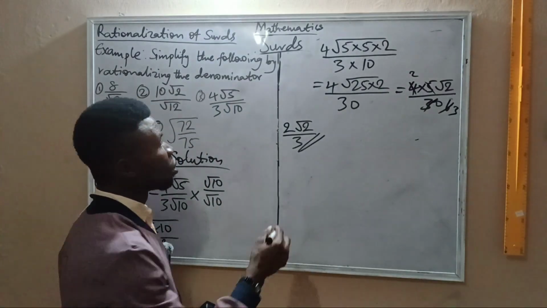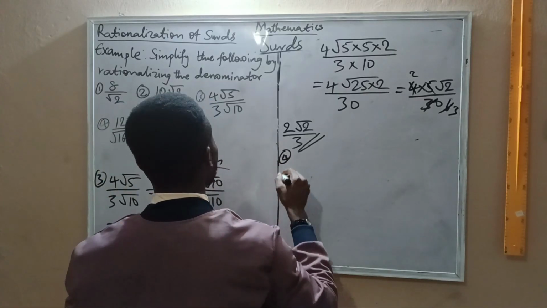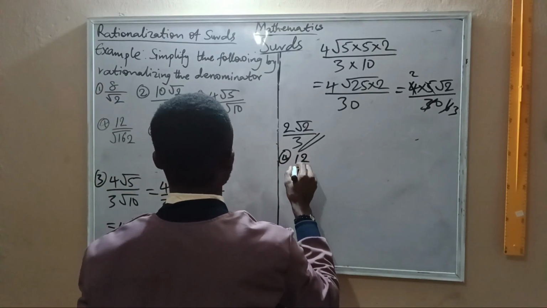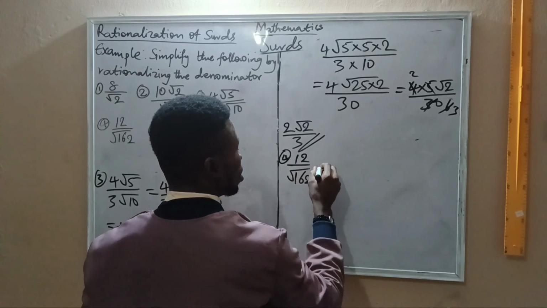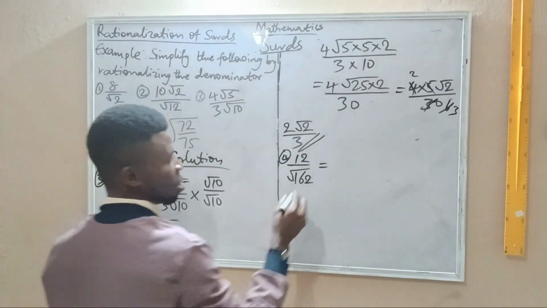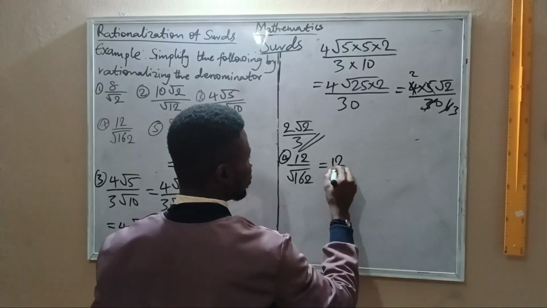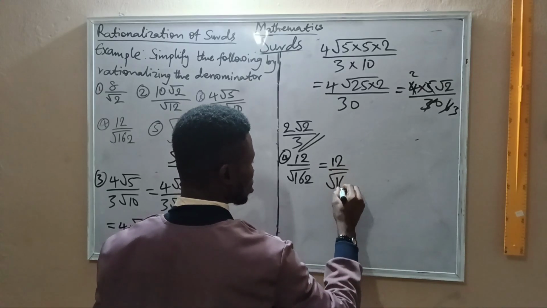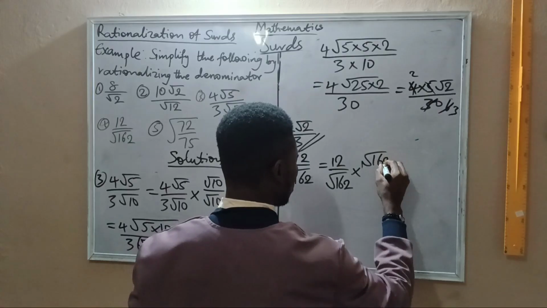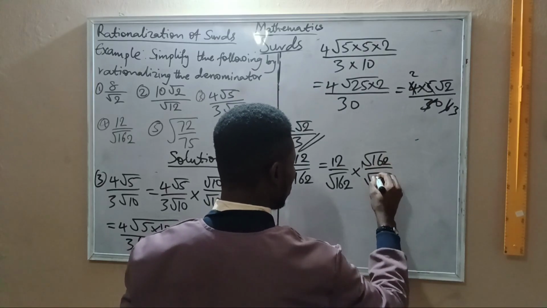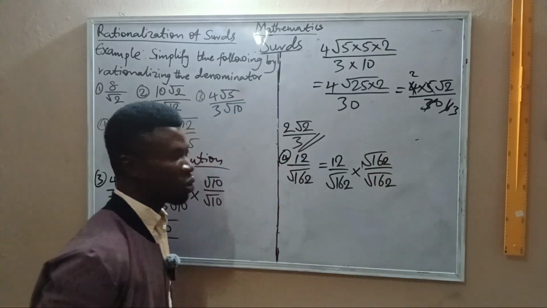Then number 4. Number 4 is 12 over sod 162. And this is the same thing as 12 over sod 162 multiplied by sod 162 over sod 162.